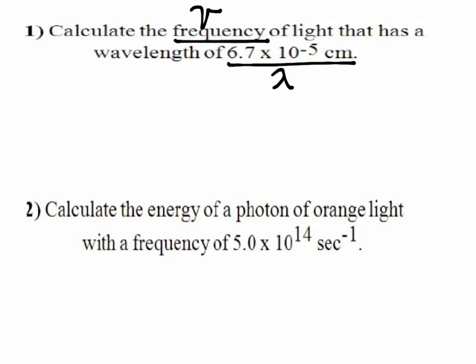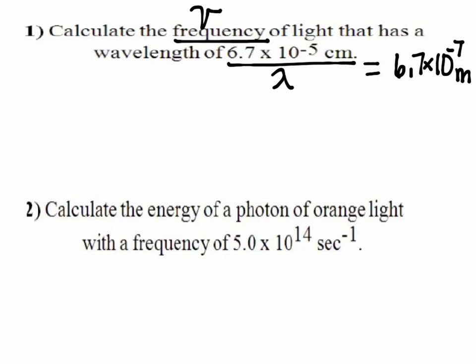The first thing we need to do is convert our centimeters to meters. So how many meters would that be? 6.7 times 10 to the negative 7 meters.